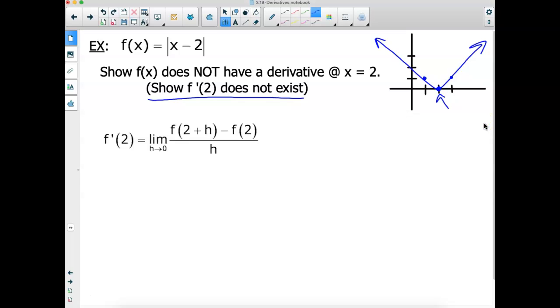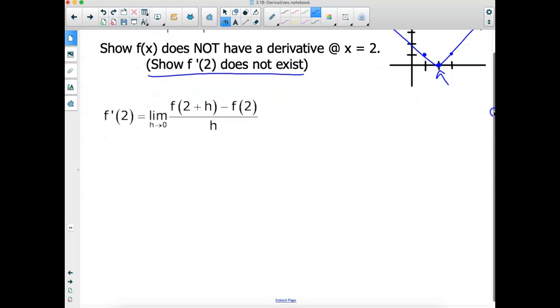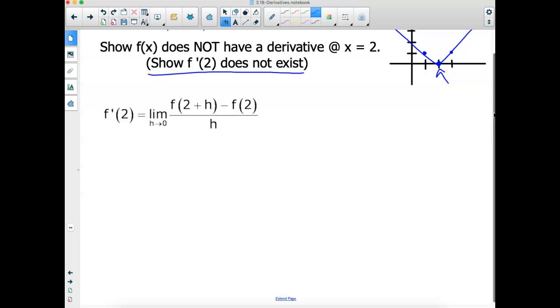So if we're going to show the derivative does not exist, if we're going to show f prime of 2 does not exist, we have to show that f prime of 2, in its definition of the derivative, does not exist. One main reason why a limit does not exist is because the right-hand limit does not equal the left-hand limit.